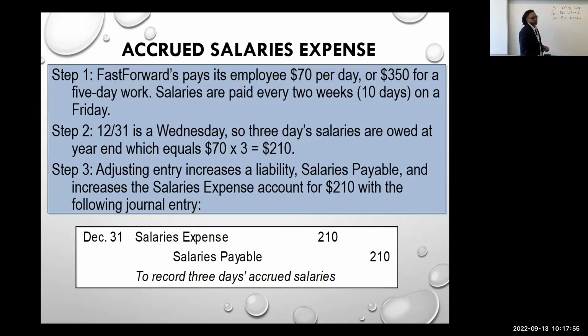That's what we're doing here. We're just trying to say, hey, we're trying to capture the salary for the entire year from January 1st to December 31st. So that transaction is just to capture those last 3 days.